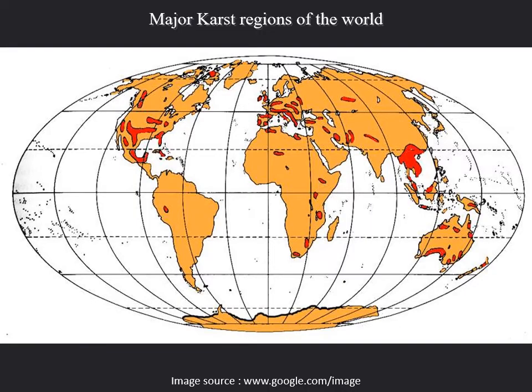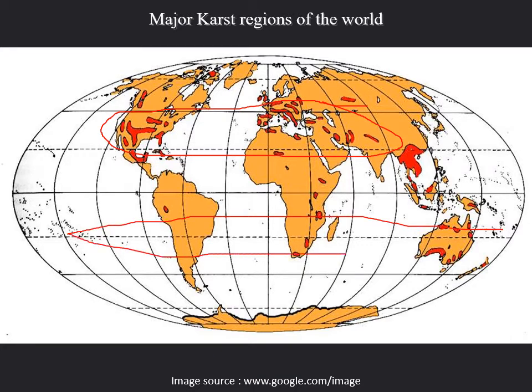Now, if you look at the world's major karst regions, you find that most of the karst regions occur in these tropical to subtropical areas, and particularly among these tropical to subtropical areas, as we know, it is the convergent zone between two global wind patterns.